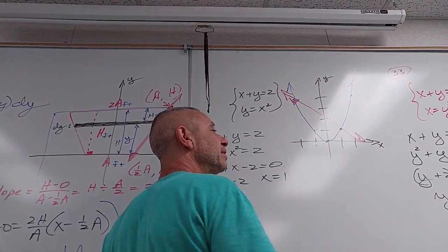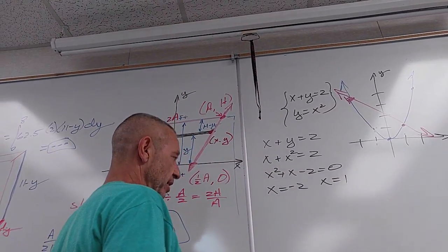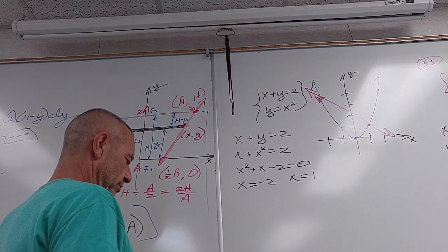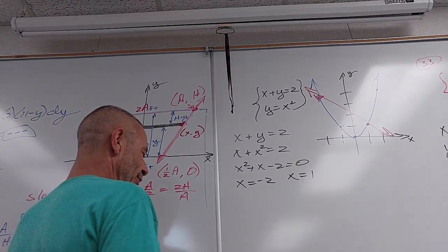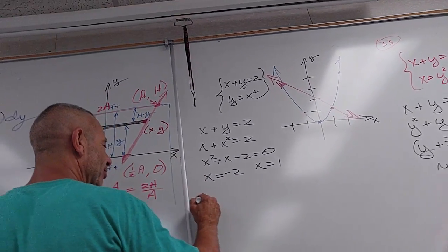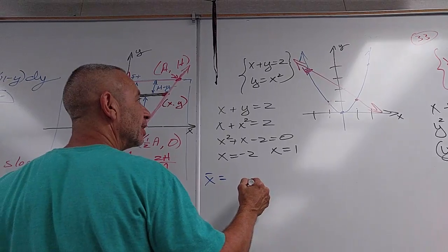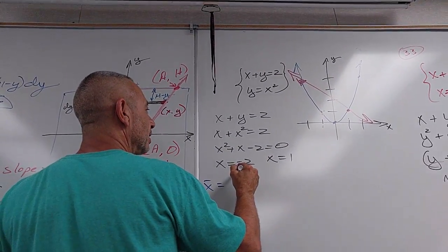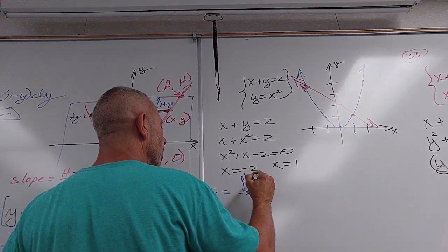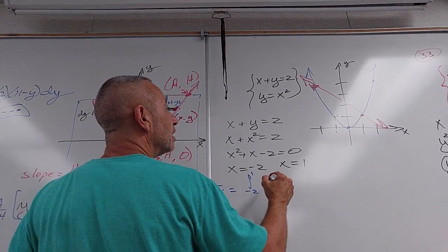So how do I find now the centroid of that? What are they? x bar equals the integral from minus 2 to 1 of x.